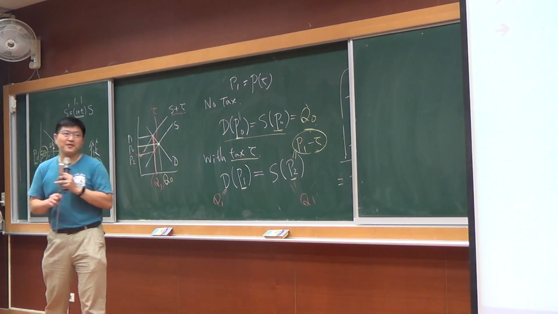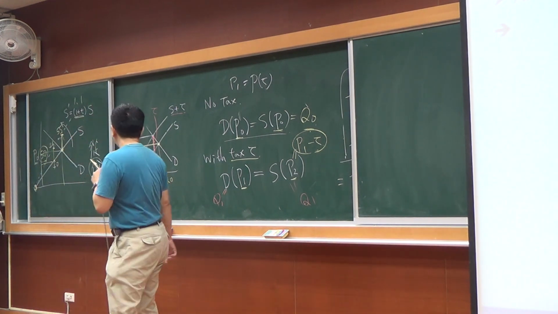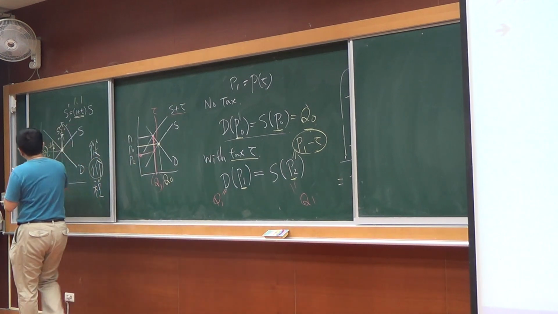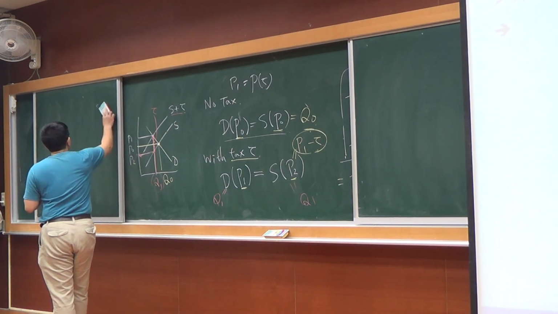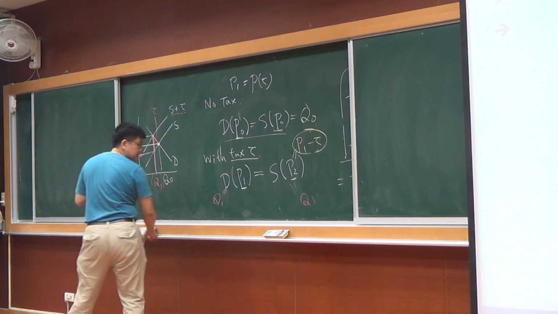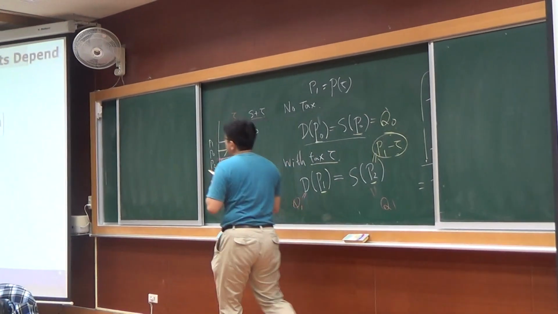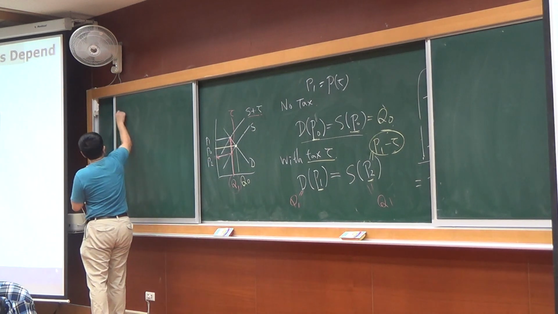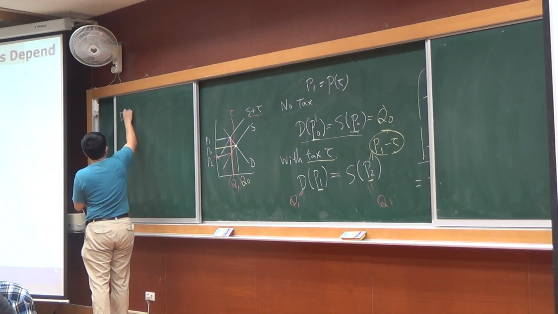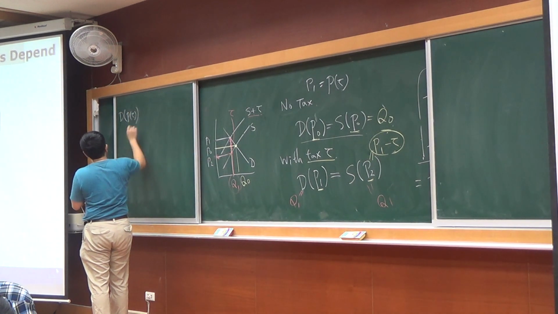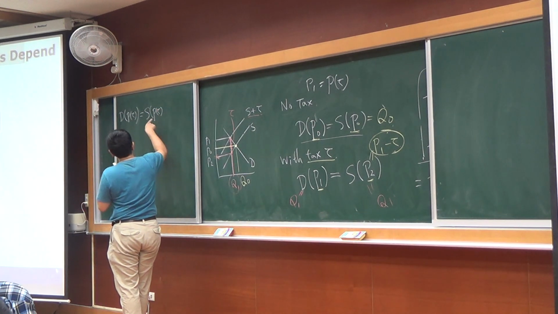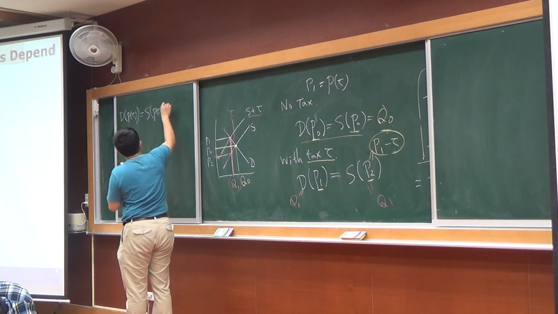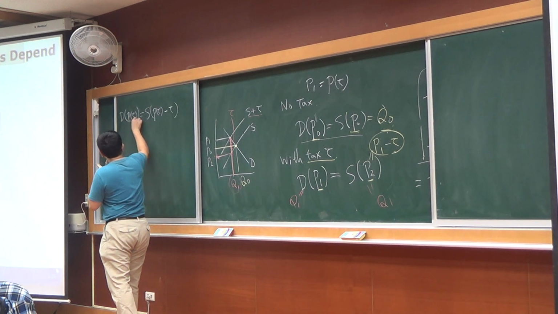Ooh, math. Now we have an equation. Quantity demanded when the price is P of tau equals quantity supplied when the price is P of tau minus tau. So this is P1, P2.